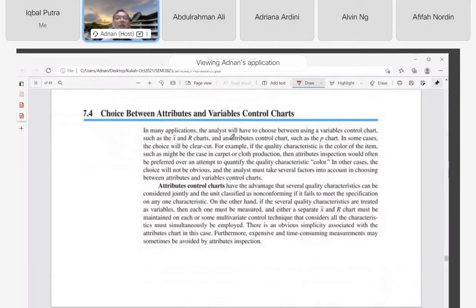You might also be wondering how to choose between attribute and variable control charts. I think some of you already asked earlier, how do we select this? Attribute control charts are easier to implement. Variable is more difficult and more costly, because it requires equipment and takes longer to get the data. It's even mentioned here that attribute control charts have the advantage that several quality characteristics can be considered jointly.